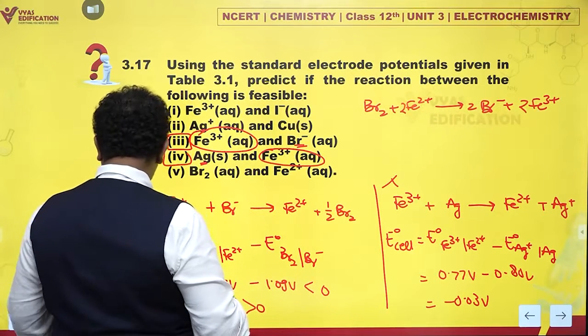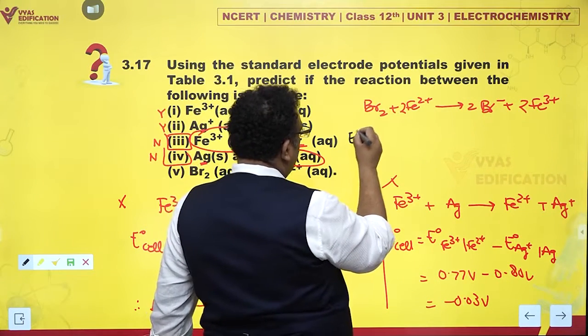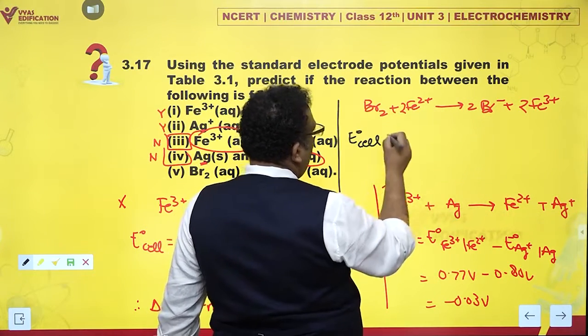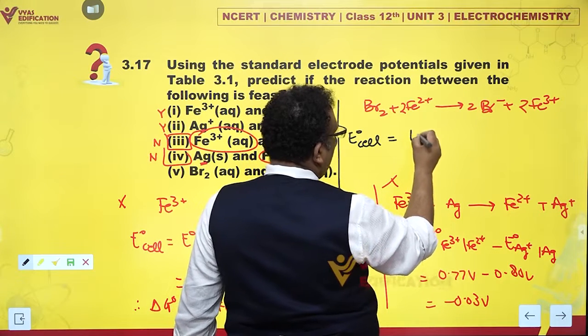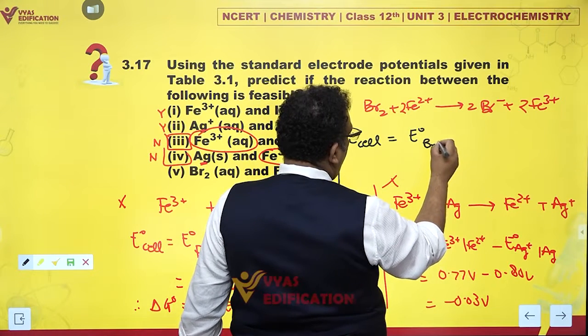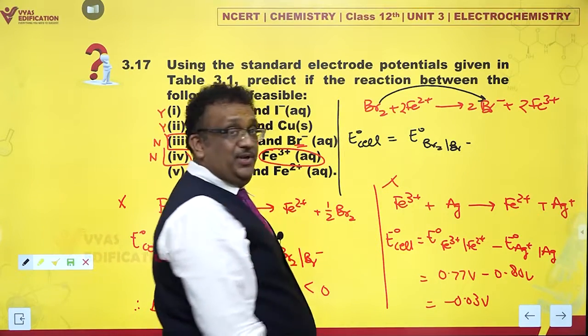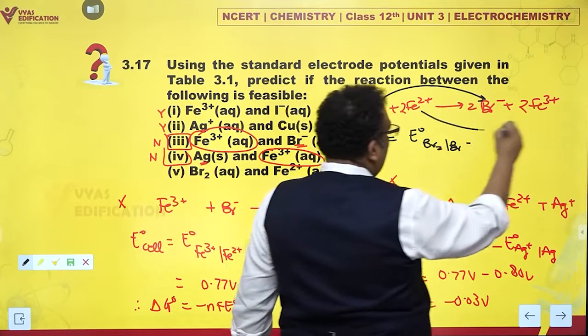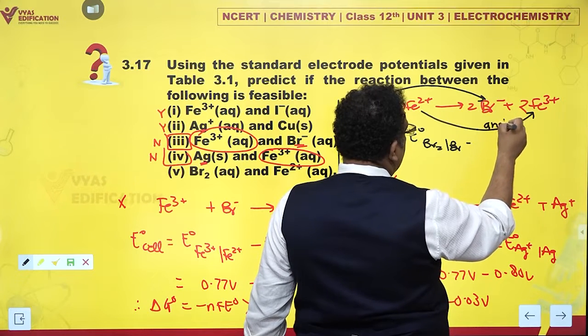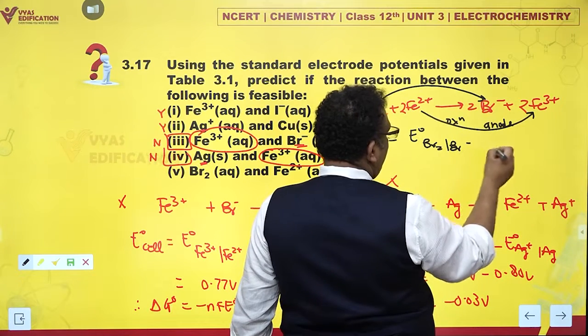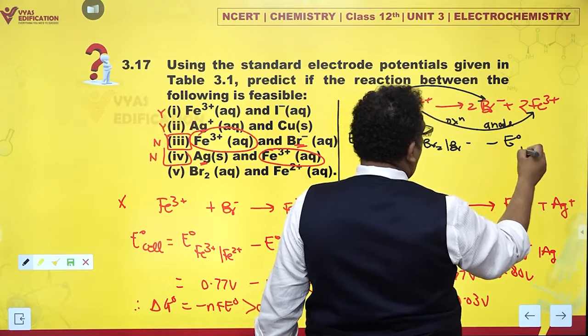How do I solve this? E0 cell would be E0 cathode. Cathode is where reduction occurs. The E0 of bromine to Br minus. Why? Because this is where reduction is happening. What about anode? Anode is where oxidation occurs. That is the definition.